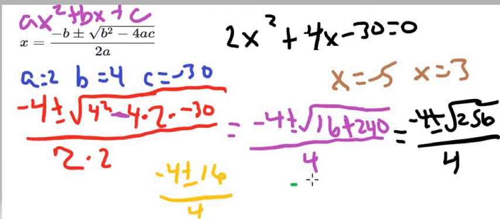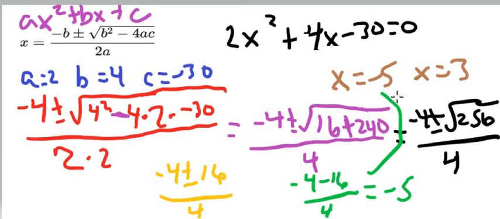One answer will be negative 4 minus 16 over 4. And if you solve that, you'll get negative 5, which shouldn't be a surprise, since that's what we got up here. And the other solution will be negative 4 plus 16, which is 12, and 12 over 4 is 3, which should not be a surprise, since that was this answer.